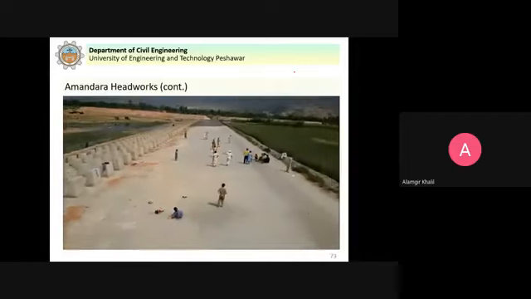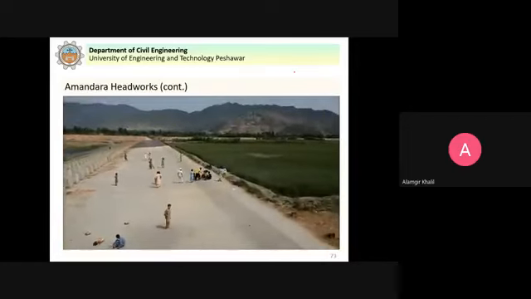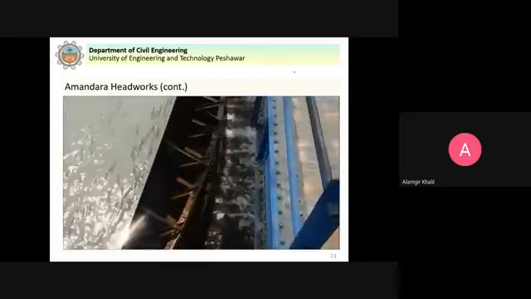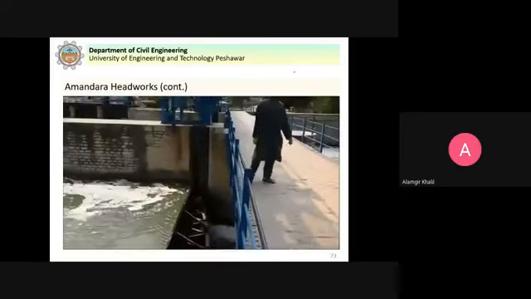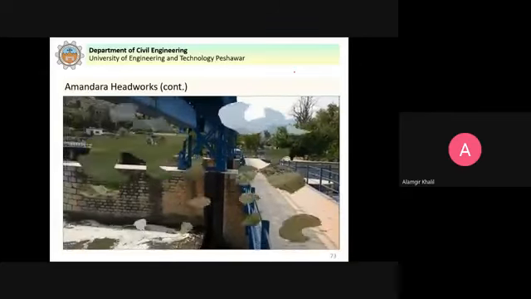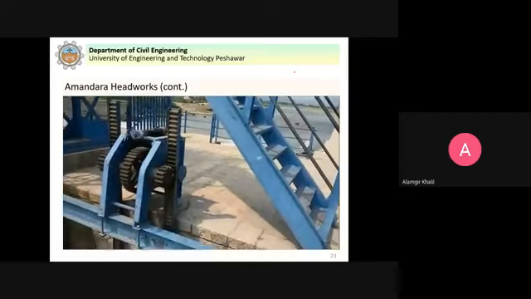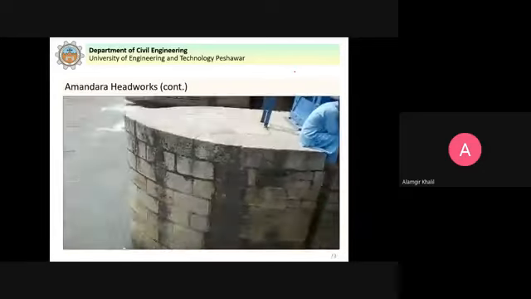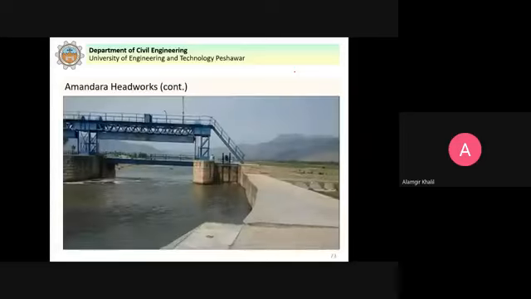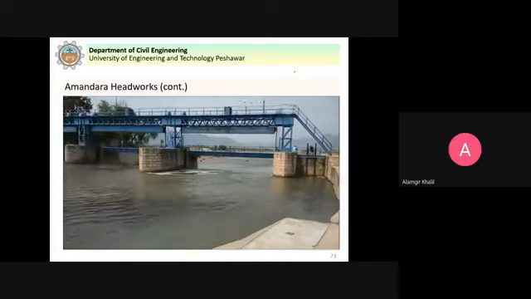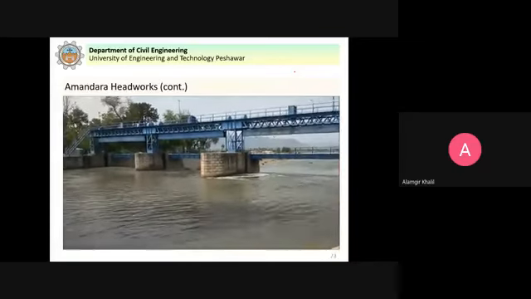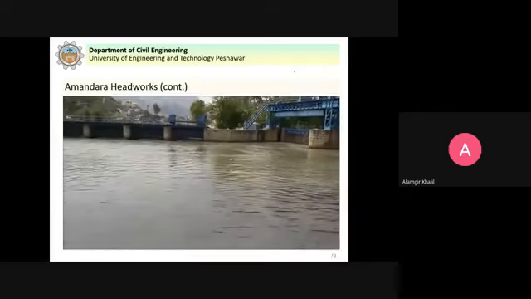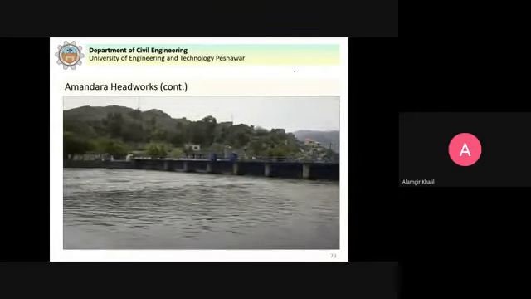For this, in case of floods, then the water can flow here also. This is the head regulator.